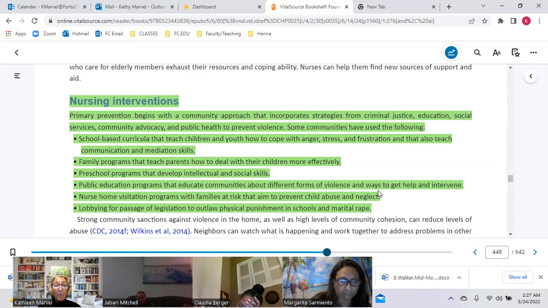Develop a curriculum that teaches children and youth how to cope with anger and stress and frustration, right? Teaches them good communication and mediation skills. And then family programs that teach parents how to deal with their children more effectively. Preschool programs that develop intellectual and social skills.